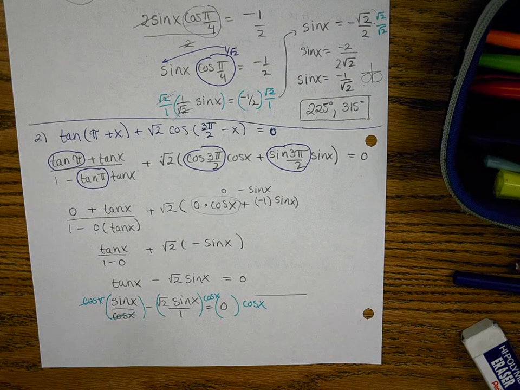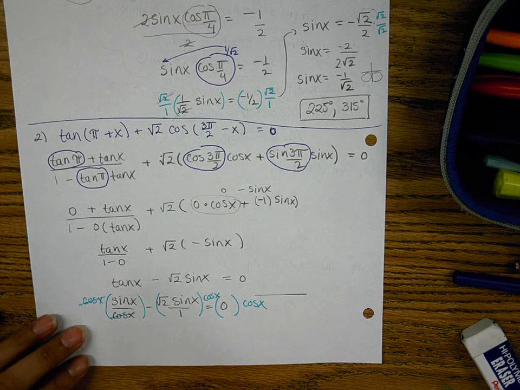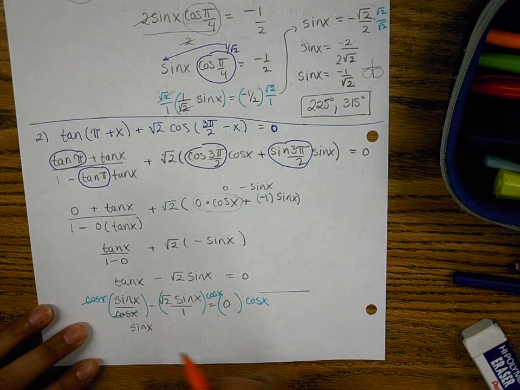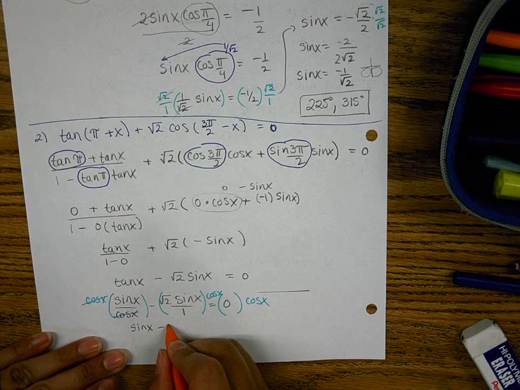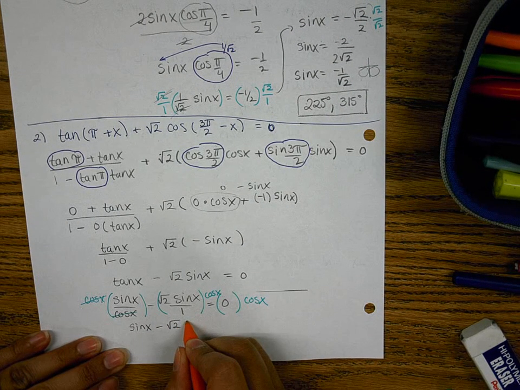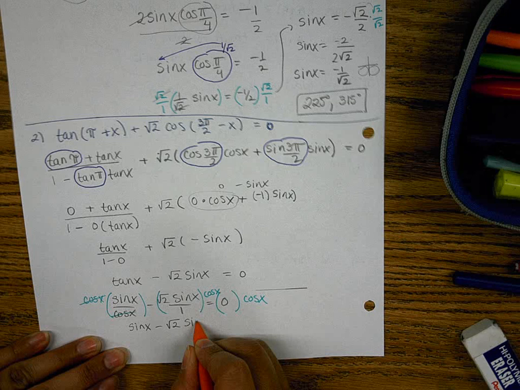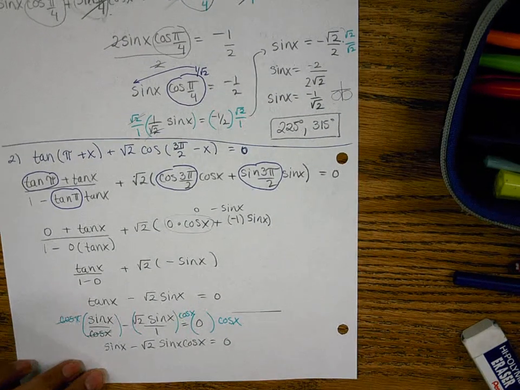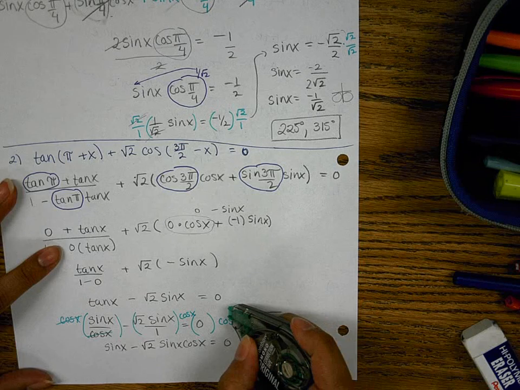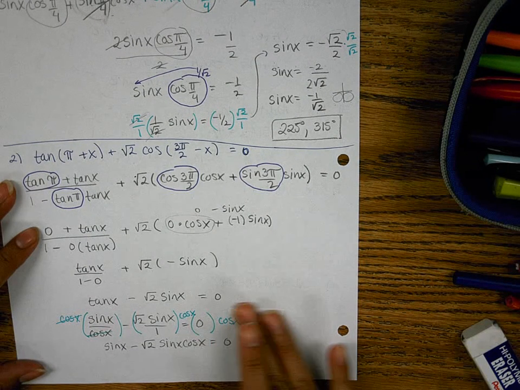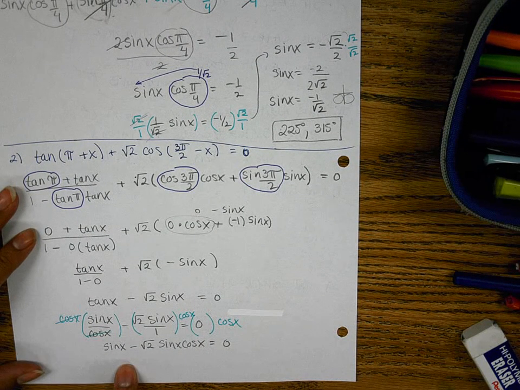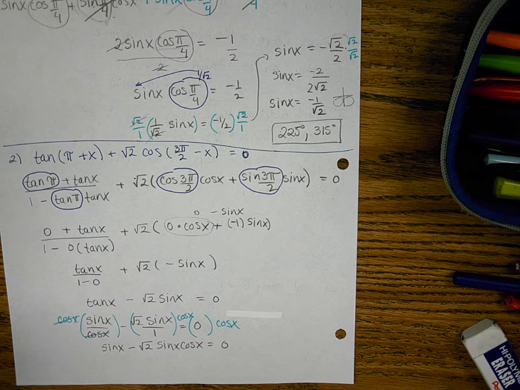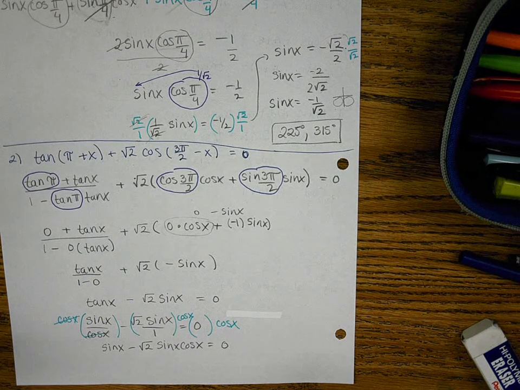Okay, what does that leave me with? Sine x minus √2 sine x cosine x equals 0. And we can now factor. Nothing reduces, so it's √2 sine cosine equals 0. And we can GCF out a sine of x.